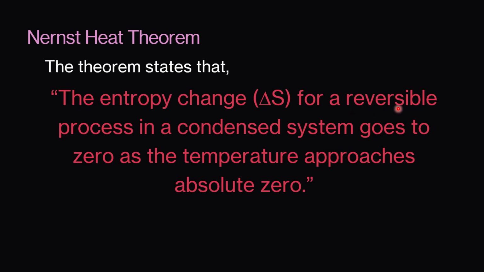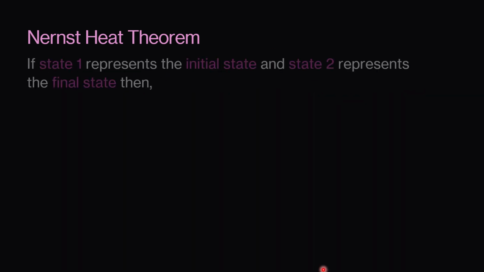In that case, the overall change in entropy, that is delta S, becomes smaller and smaller and approaches zero as the temperature drops towards absolute zero. So this is the Nernst heat theorem.